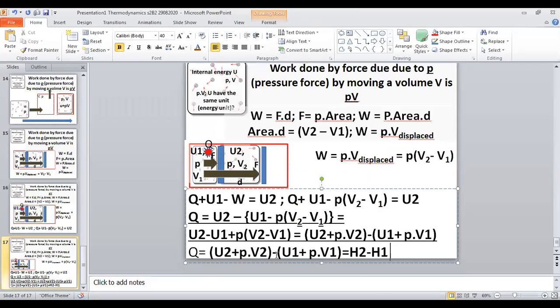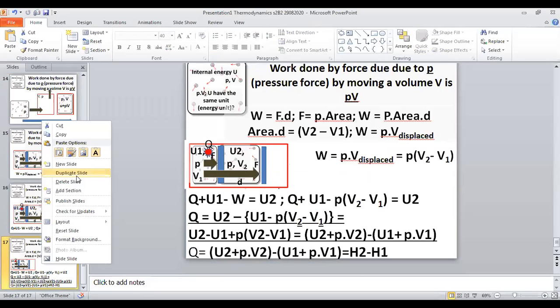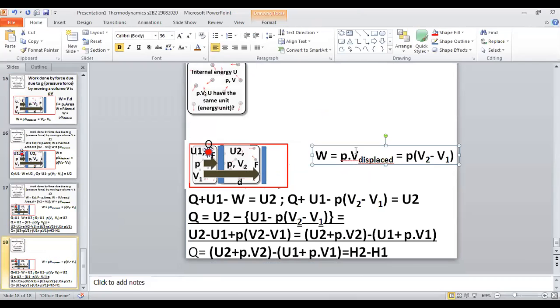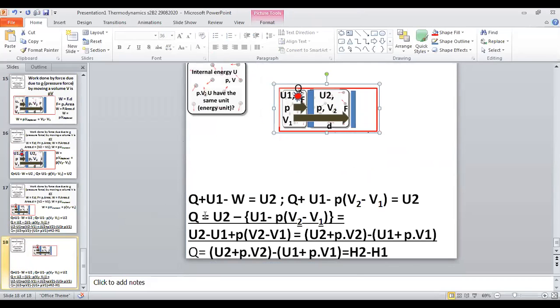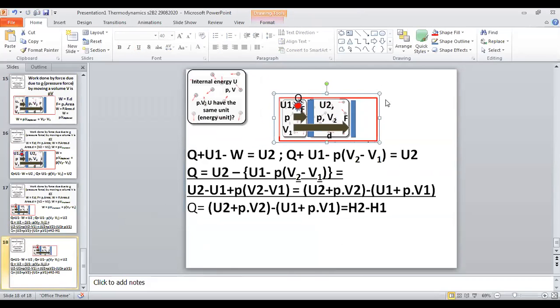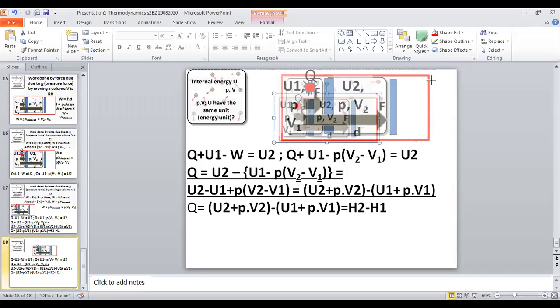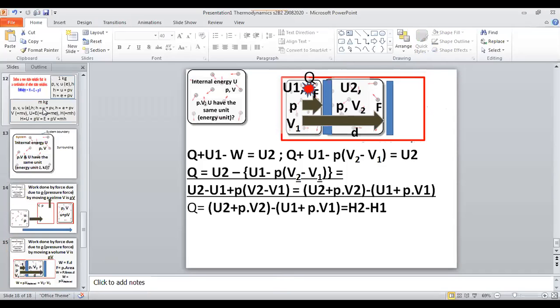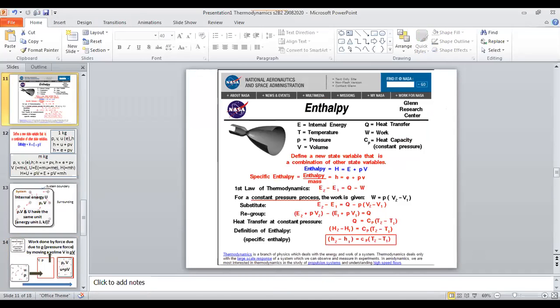Let's say initially you have a temperature T1, and after this expansion, V2 minus V1, you have temperature T2. I will take from NASA here.